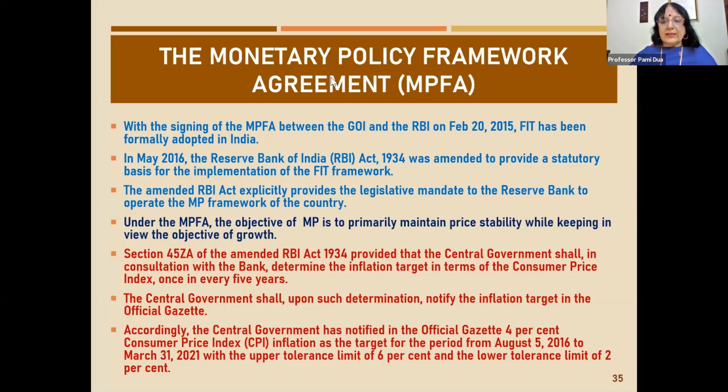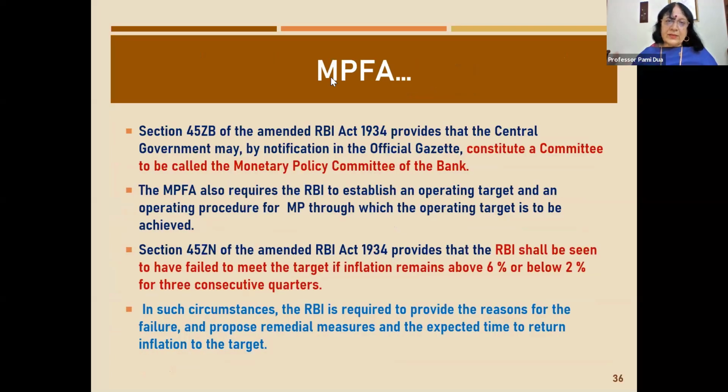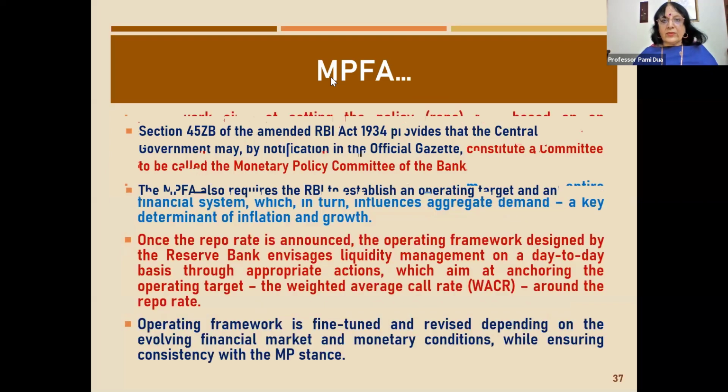And this was the mandated inflation from August 5, 2016 to March 31, 2021. Also, the amendment made at that time was that there would be a Monetary Policy Committee with 6 members, 3 external and 3 from the central bank, with the Governor of the Reserve Bank of India as the chairperson.